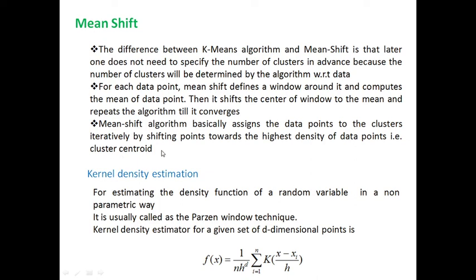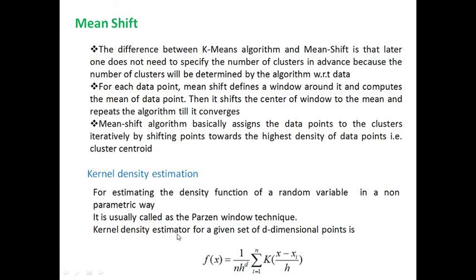That means it is the steepest hill or mode. There is kernel density estimation here, for estimating the density function of a random variable in a non-parametric way. It is usually called the Parzen window technique, because I have considered one window in the explanation.